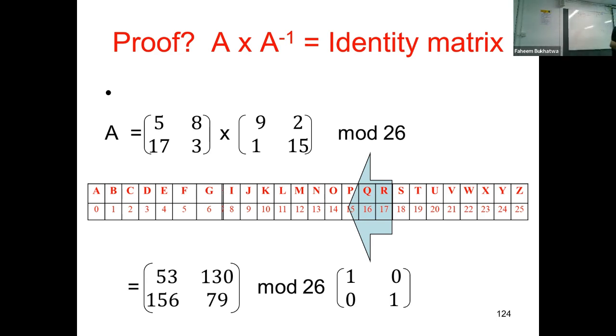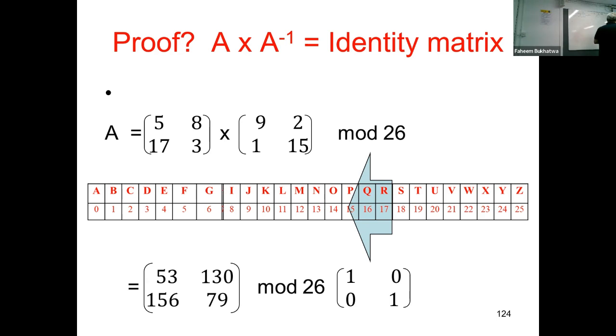Just do it for the first 2 characters, quick so we won't waste too much time. Can you decipher those 2 characters, UE, using this inverse matrix, the matrix to be used for deciphering? The same technique: you multiply the 2 matrices, this row into this column, and then this row into this column.